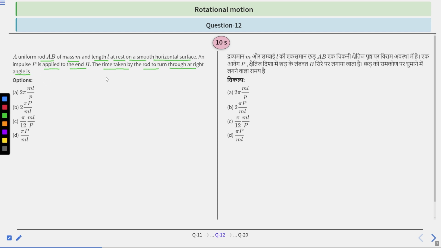Given options: option A is 2 pi ml divided by P, option B is 2 pi P divided by ml, option C is pi ml divided by 12P, and option D is pi P divided by ml. So which option is correct? You have 10 seconds to solve this question. After 10 seconds, we will provide the solution.